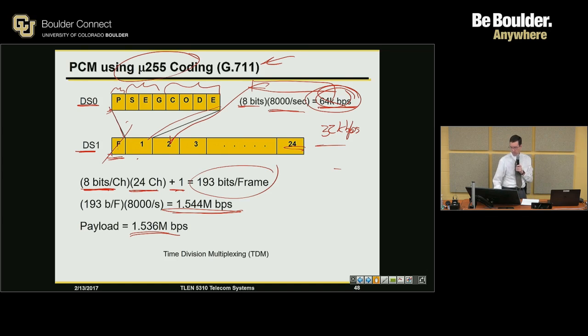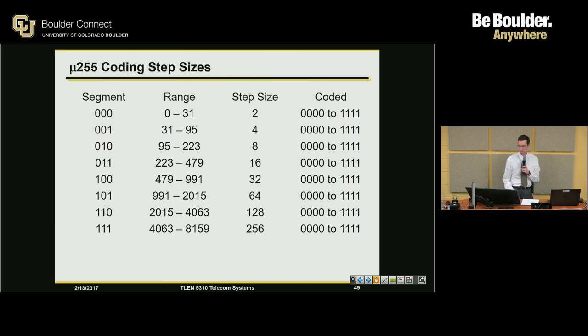This is called time division multiplexing, because I'm allocating time slots, so it's time division. In this case, it's 24 time slots per frame. So in the mu law encoding, segment 0 has this range here of 0 to 31, and the step size is 2.